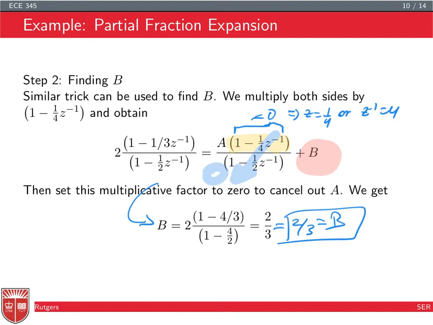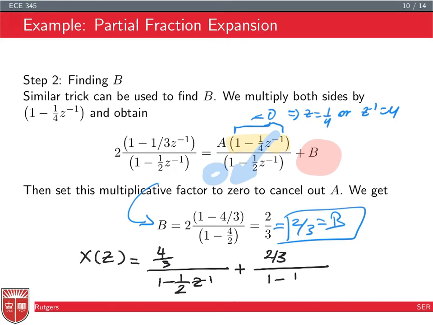So now I can write X(z) as 4/3 divided by (1 - 1/2 z^-1) plus 2/3, which is the B that I just found, divided by (1 - 1/4 z^-1).